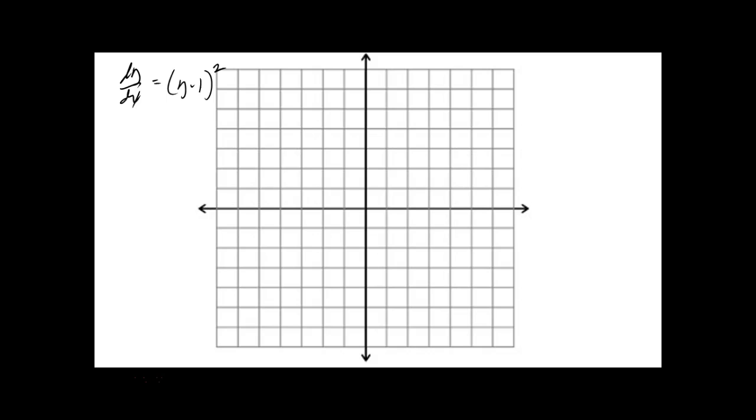Except if you expanded that, it would be y squared minus 2y plus 1. That's still considered nonlinear, though we aren't even messing with that now. I just thought I'd throw it out there since you had mentioned it earlier. But anyway, what is the critical point here?